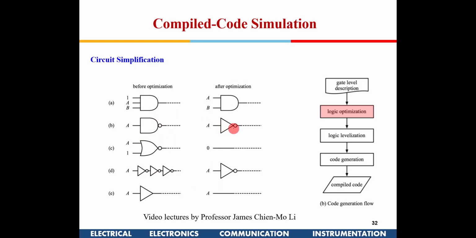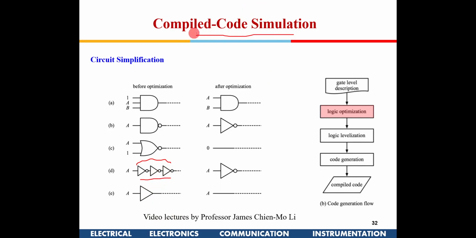This is actually equivalent to an inverter, a chain of inverters. Such a chain may be required subsequently for timing analysis, where you intentionally insert inverters for tackling the delay aspects. But when you are doing a compiled code simulation, this will unnecessarily delay the process.